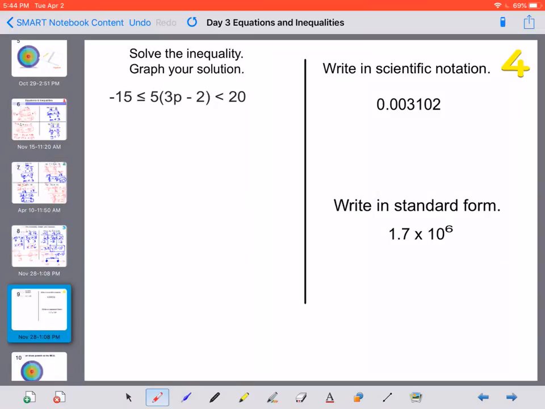Alright, this one, I'm going to draw 2 lines down. In the middle now we have to distribute, so 5 times 3p is going to give us 15p. 5 times negative 2, that's negative 10. And now we have 20 and negative 15.